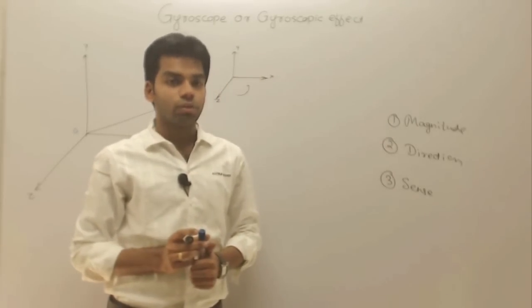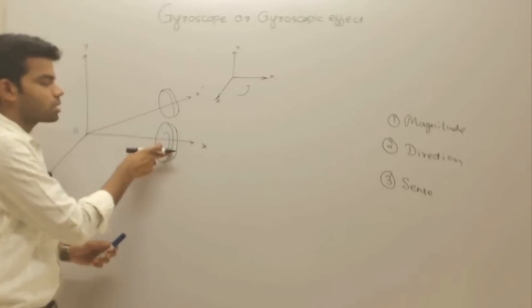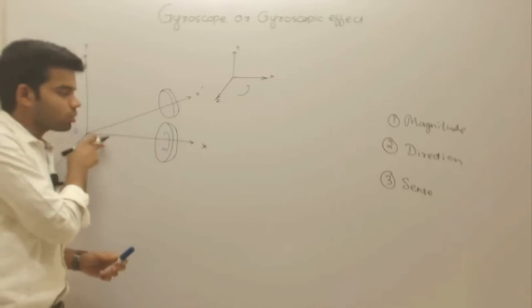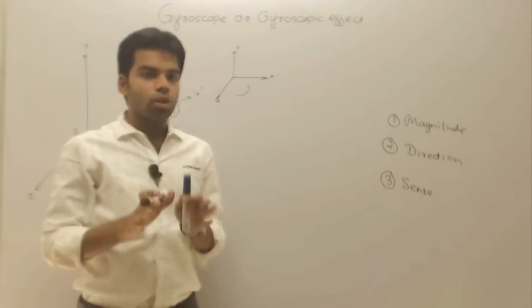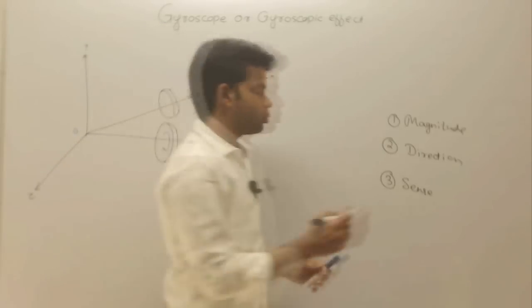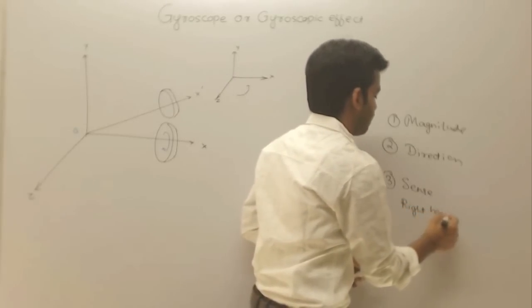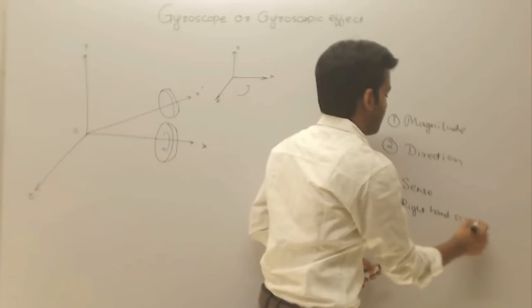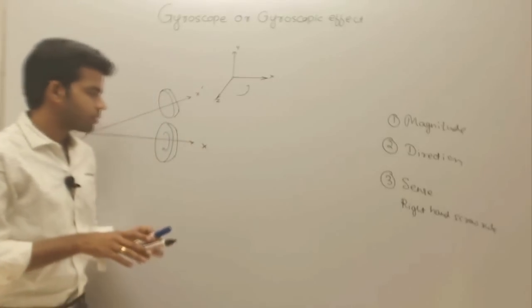What will be the direction of the vector? Direction will be along this direction about which this rotor is rotating. This rotor is rotating about x-axis, so this will be the direction of the vector. And in order to determine the sense, we will use right hand screw rule. Now what does right hand screw rule say?